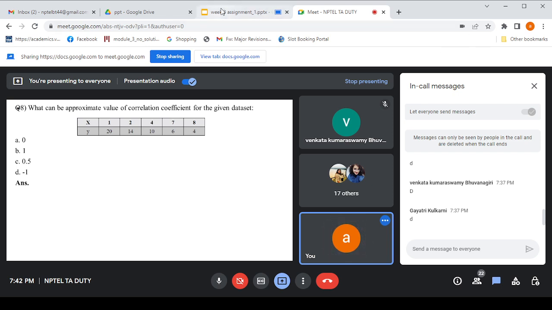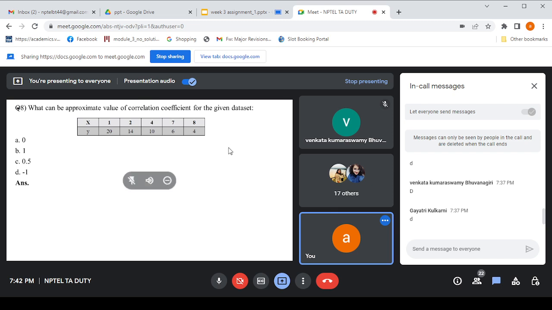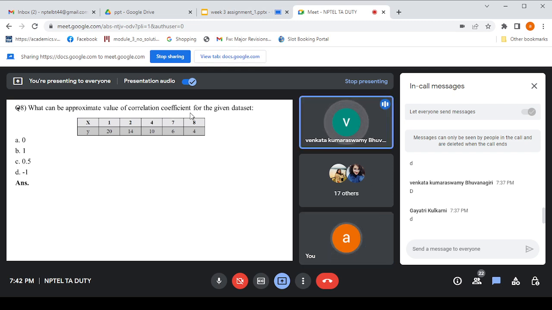So what is the value of the x average or x mean? Hello, am I audible? Please repeat, madam, once. I am asking the average of x or y, or I want the exact value of the correlation coefficient. Here it's giving the approximate one. I want the exact value according to the formula.